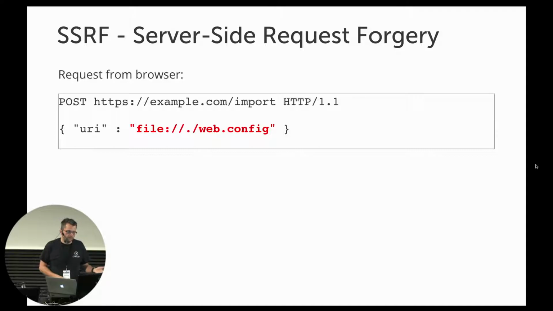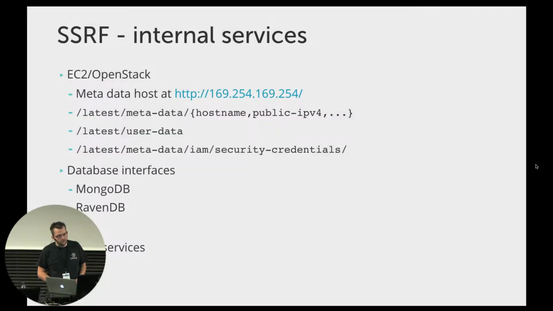Sometimes we can fool the parser as well. So we might have a friendly URI parser that would allow us to grab files as well. So in this case, we could grab the web.config, which would contain possibly usernames and passwords for the application if this was a .NET application and it wasn't encrypted. And then we go to the cloud.